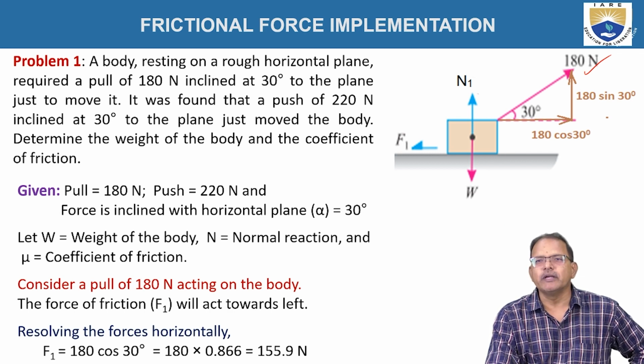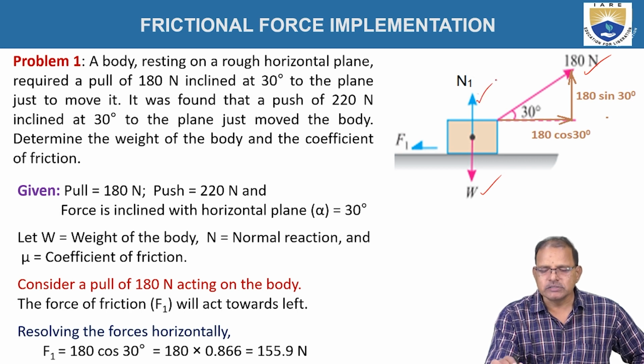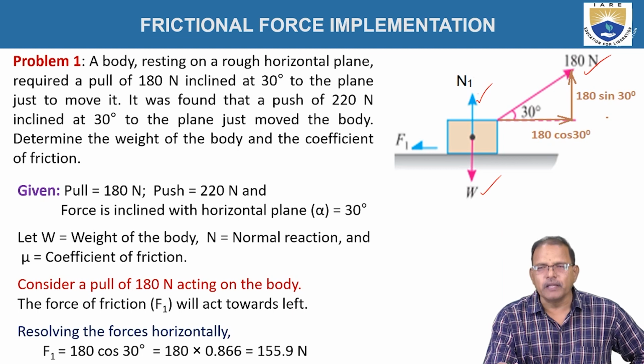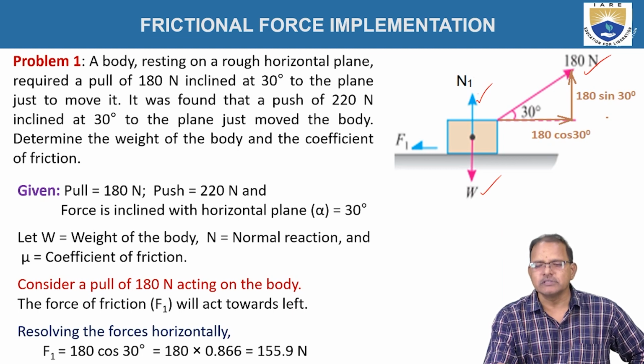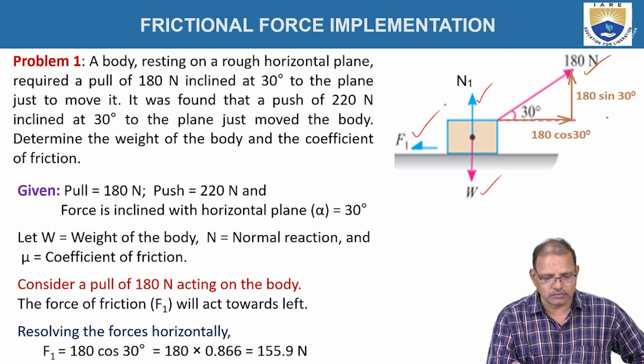When we draw the free body diagram, the weight acts vertically downward and the normal reaction acts upward, and the friction between the body and the plane is always experienced in the direction opposite to that in which the body tends to move. Here, the force 180 acts toward the right hand side, hence the friction force acts toward the left side as shown in the figure.